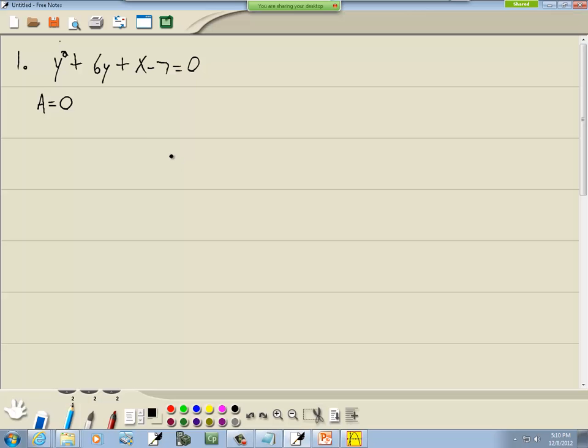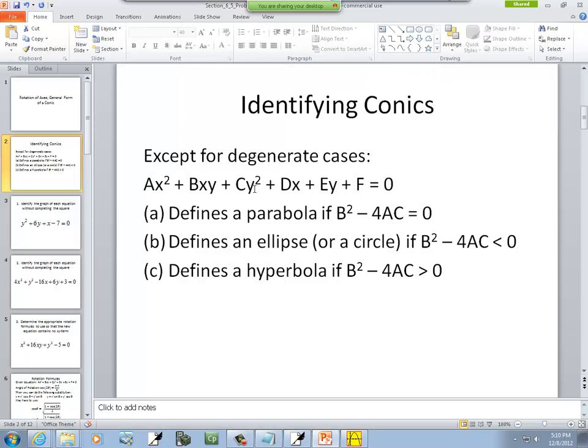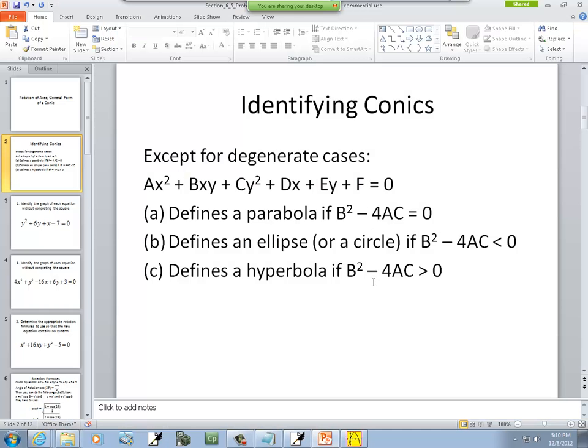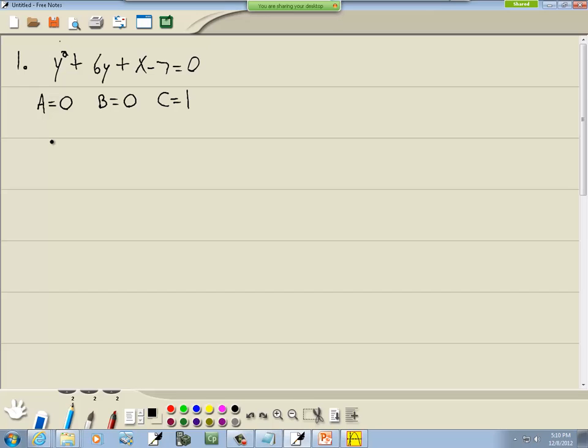B is the number before our xy. We don't have an xy, so it's 0. And c is the number before our y squared, which is the invisible 1. We need to find b squared minus 4ac, since all of these revolve around that.